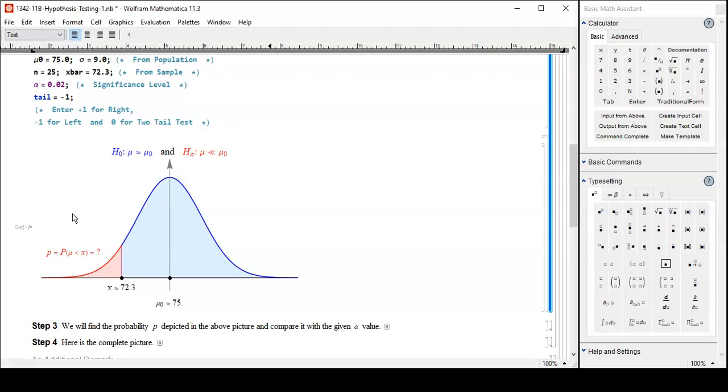So getting something like this purely out of luck, assuming the null is right. What is that probability? And compare that probability with the maximum allowed probability of type 1 error, alpha.